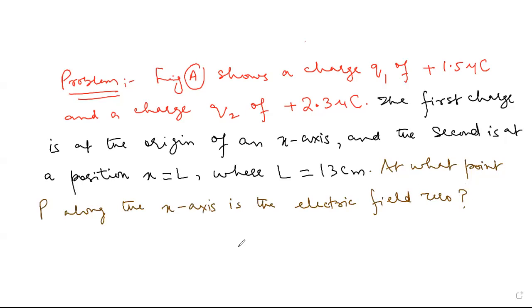Let me draw the figure. This is my x-axis. So one charge is placed at the origin, and this charge is named as Q1. The first charge is at the origin, that means Q1 is at the origin of the x-axis.